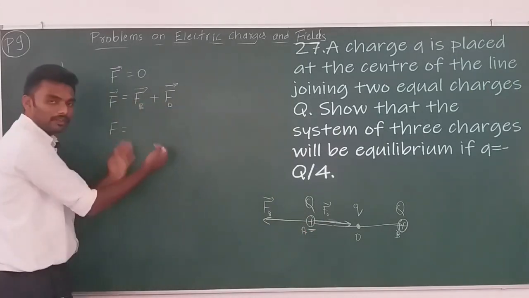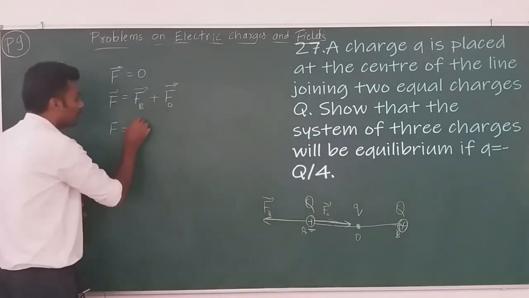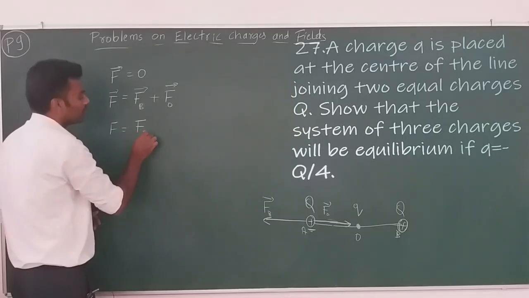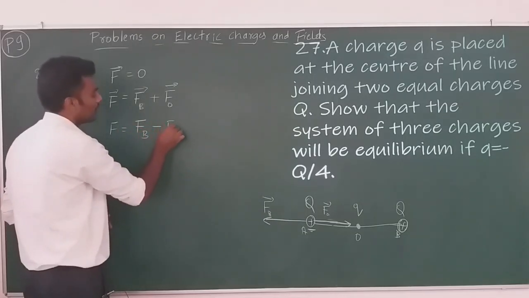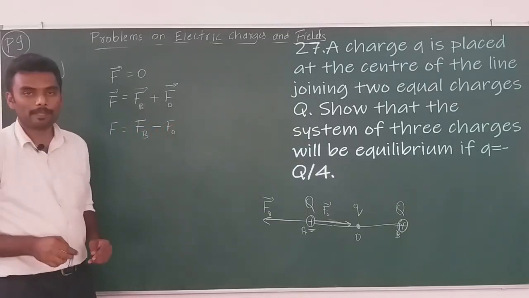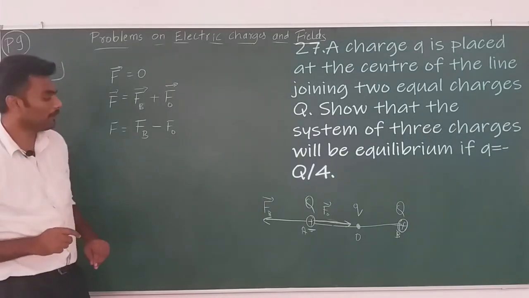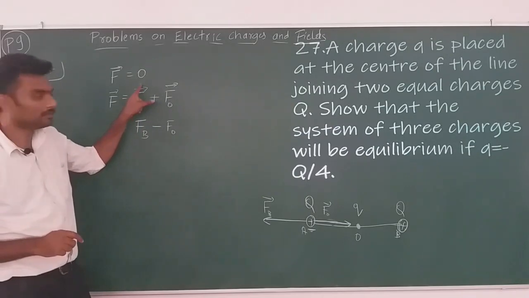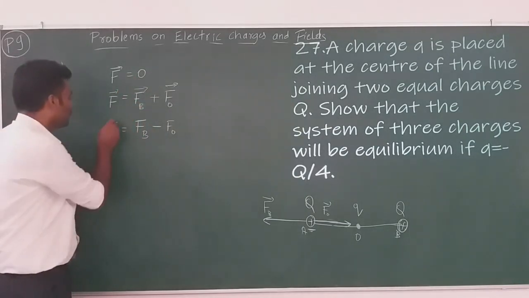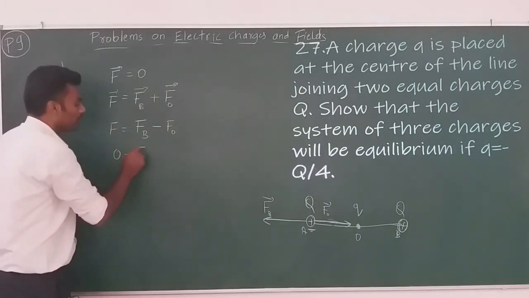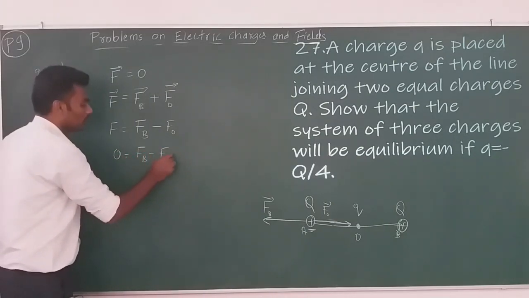So when it reduces to the magnitude part, this becomes FB minus FO, right? What should be the force acting on A? It is 0 Newton. So 0 is equal to FB minus FO.